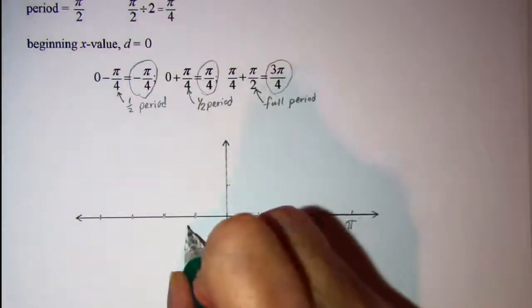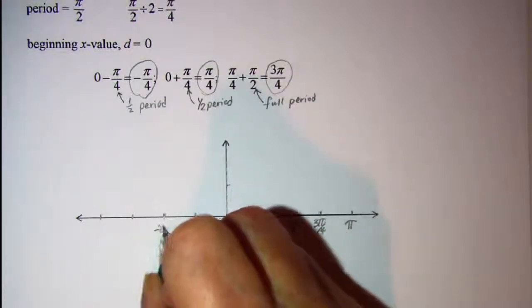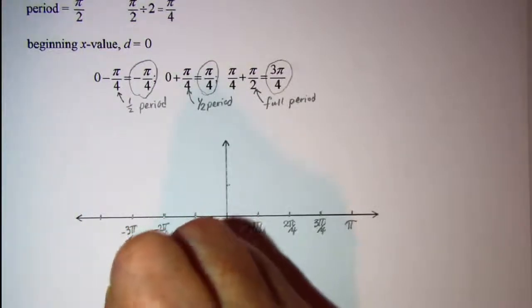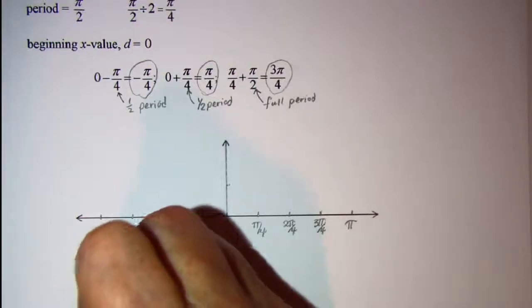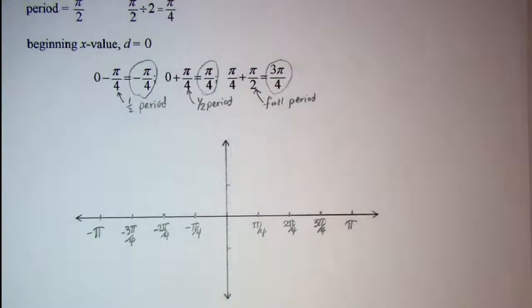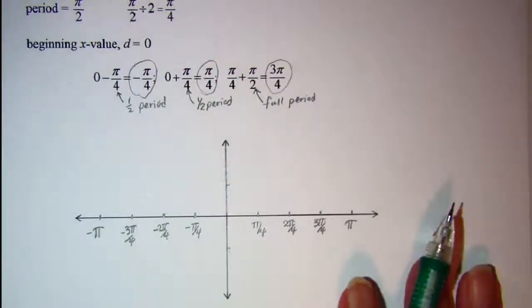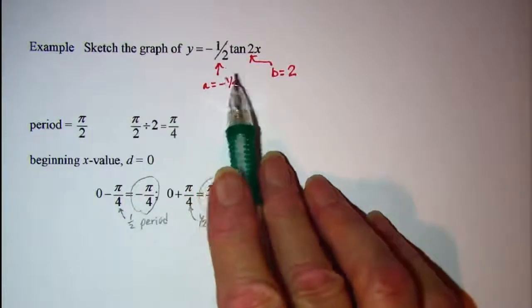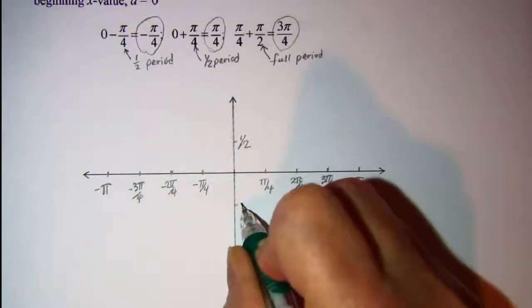And then to the left I have -1 pi over 4, -2 pi over 4, -3 pi over 4, and -4 pi over 4, which is -pi. Also, I need a label for these marks. I'm going to put my a value there, and we said that a was 1/2. So I'll label this as positive, and this one's a negative.